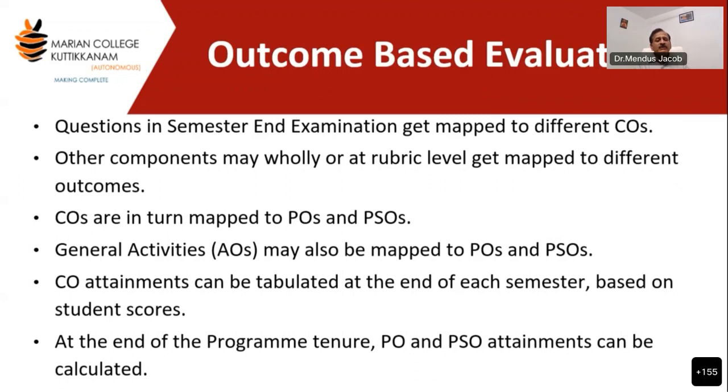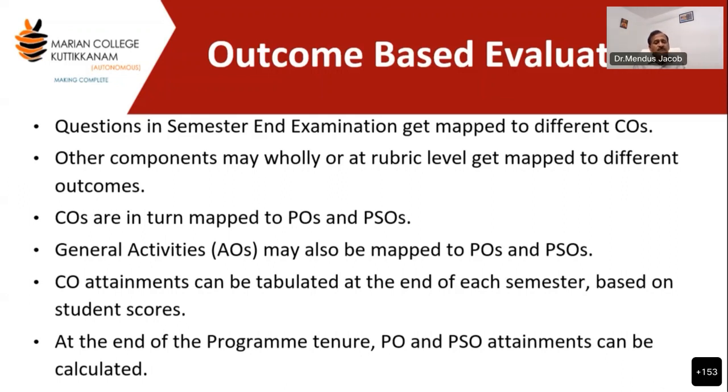Other components may wholly or at rubric level get mapped to different outcomes. We can have rubrics and map all these components directly to different outcomes. So COs are in turn mapped to POs and PSOs. I think you have already gone through that. General activities may also be mapped to POs and PSOs.